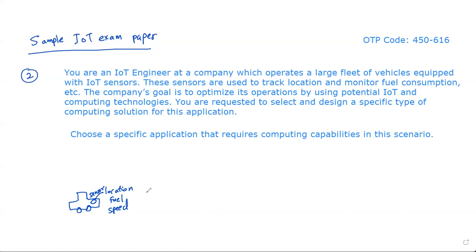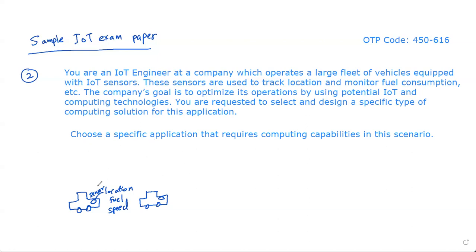So let's assume that each of the vehicles has the sensors needed to measure a certain parameter. Let's assume that all the vehicles are going to measure a certain parameter while they are moving in the environment.